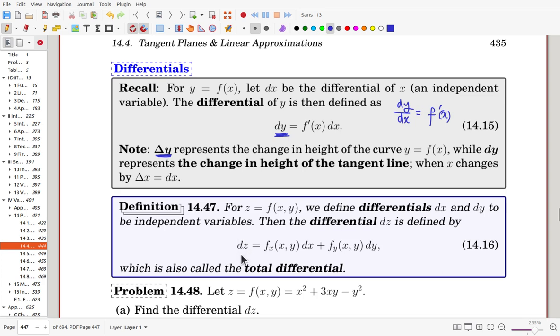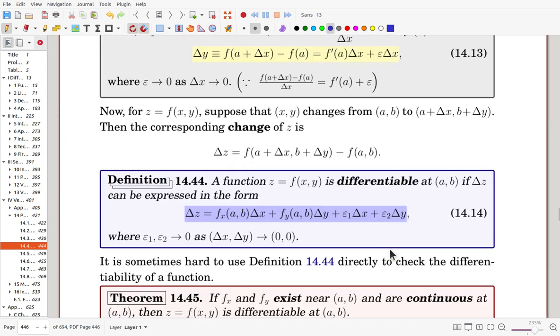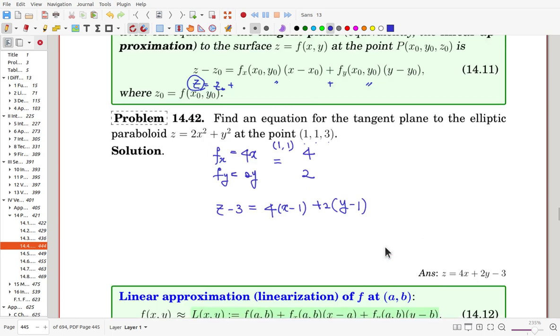Of course, this is the change on the tangent plane, not the change of the real function values. You have to be careful. dz indicates the change on the tangent plane. Okay, so we define this differential in this way. Now dx is a change in the x direction, dy is a change in the y direction. So let's go back to the tangent plane.